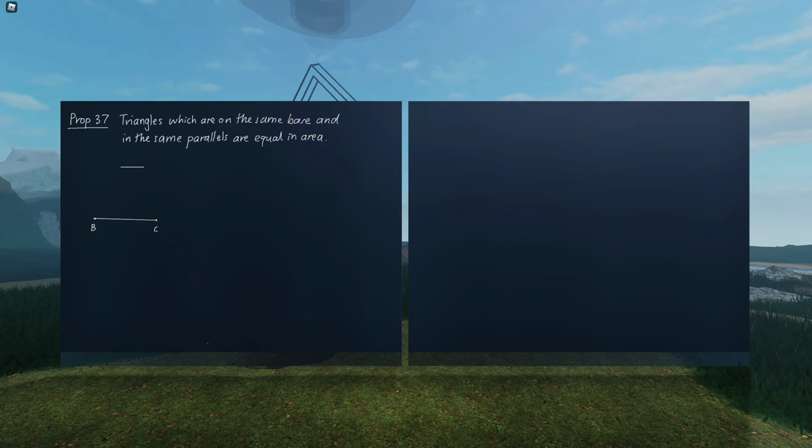This is another line parallel to BC. So the setup is that we have triangles ABC and DBC, and we want to prove that they have the same area.